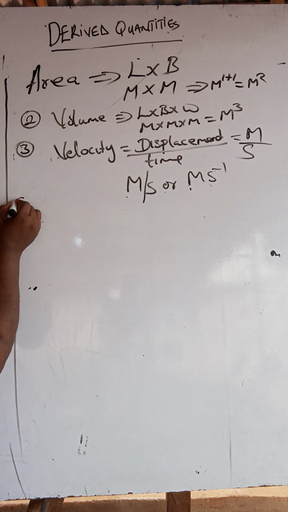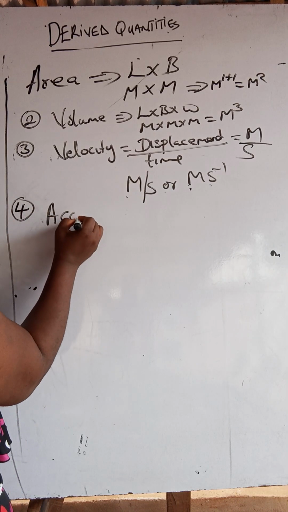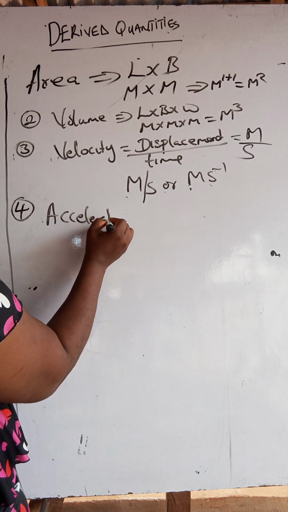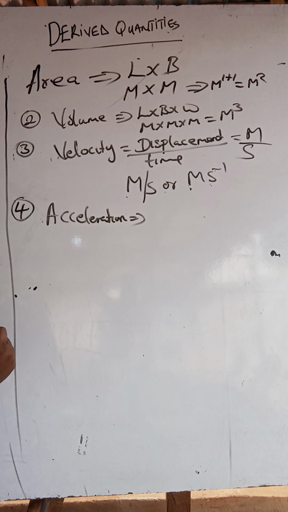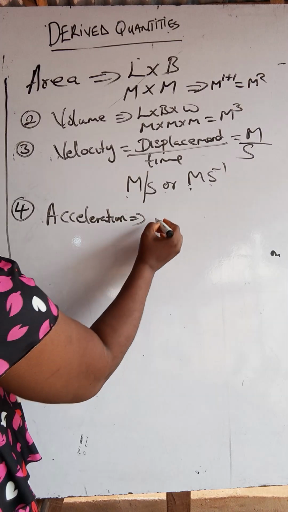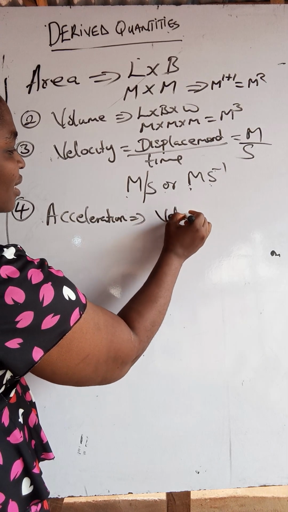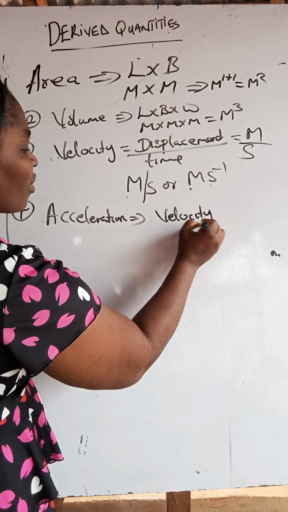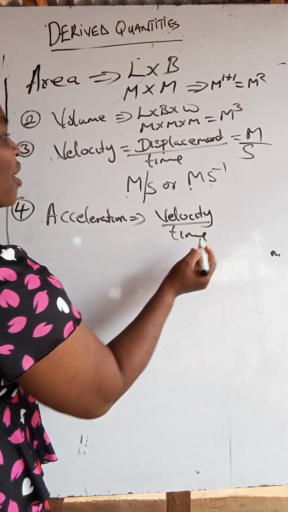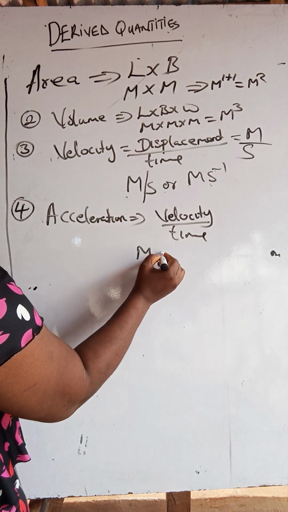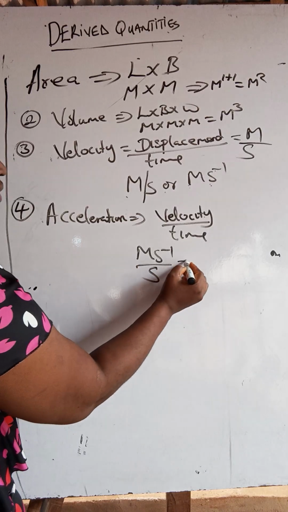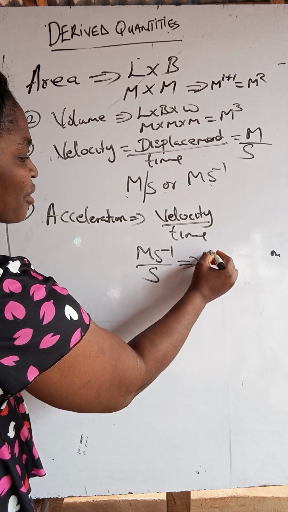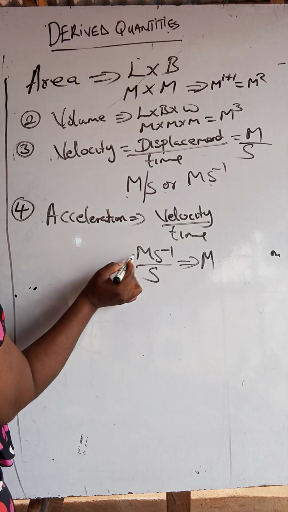All right, we talk about the fourth one, acceleration. Acceleration is defined as the rate at which the velocity of a body increases. That is velocity over time. We have seen that velocity is meter per second divided by time, which is seconds. And this will be giving us meter, because it has no partner.